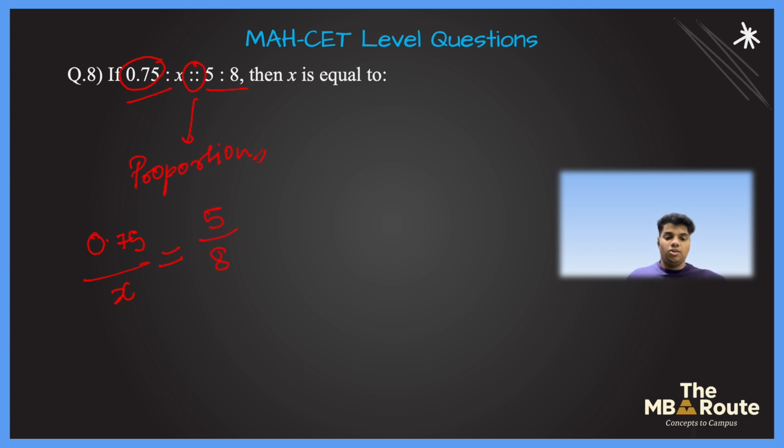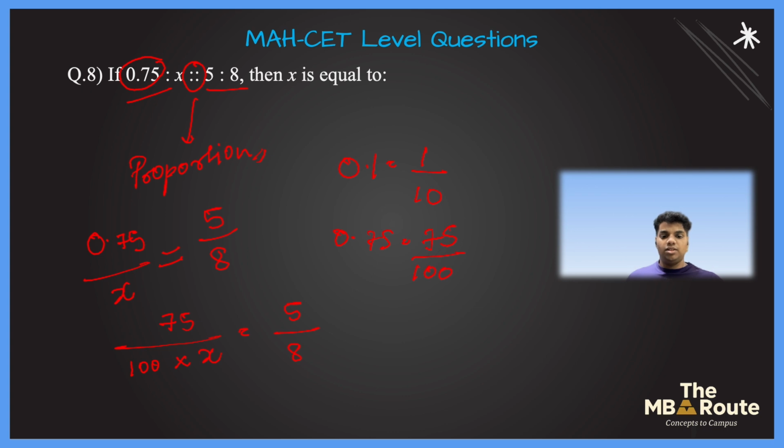Okay, as we know that 0.1 can be written as 1 by 10, so 0.75 can be written as 75 by 100. Okay, so let's write it that way. So that is 75 by 100 into x. That would be 5 by 8.